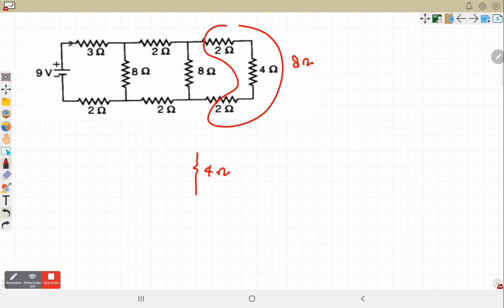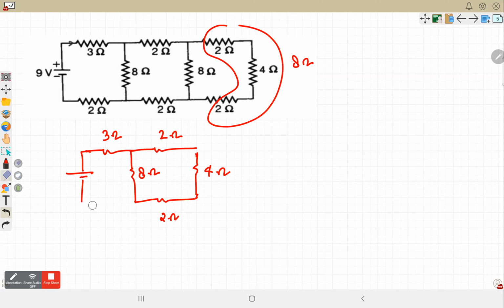So after solving that one loop, it again becomes the same 4, 2 and 2. And then it is 8, 3, and 9.